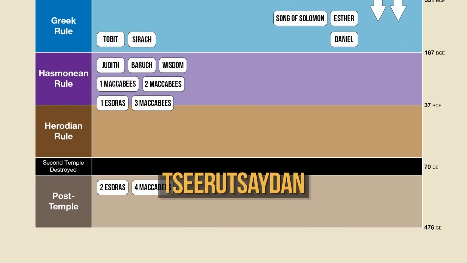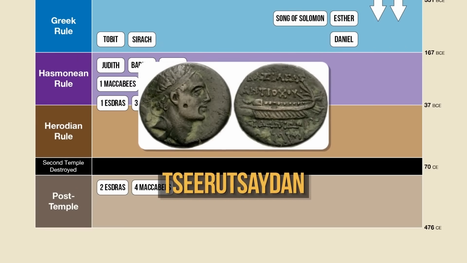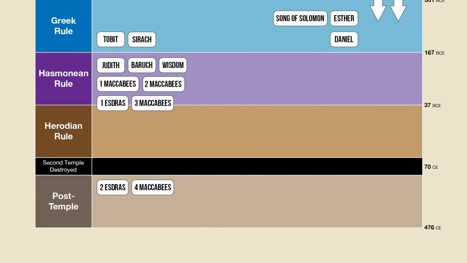Interestingly, coins of Antiochus IV, the villain in the original story, often included the city names Tyre and Sidon, which could be where the name Sidon comes from. 3rd Meqabyan, however, has nothing to do with the Maccabees, and instead focuses on Bible characters such as Adam and David. All three of the Ethiopian Maccabees were likely written very late in the post-temple period, almost as late as the fall of the Western Roman Empire.